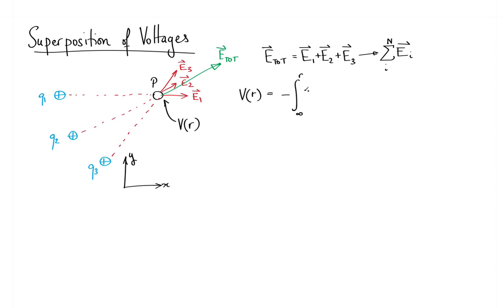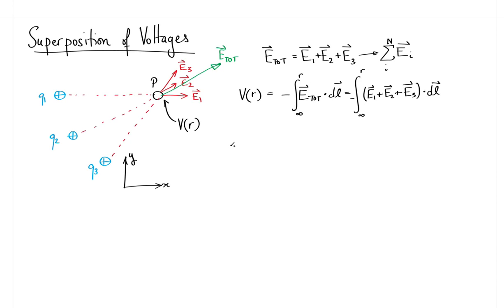That's our reference point. Of E total dot dl. So I'm just going to write out what E total is in terms of all these vectors. Take this example where you've got those 3 vectors, with the minus sign, so it's E1 plus E2 plus E3, dot dl.